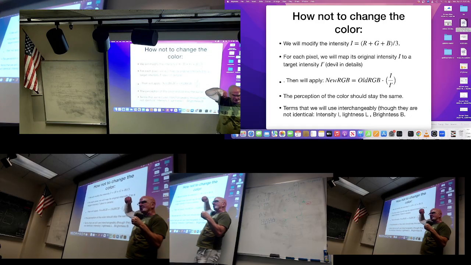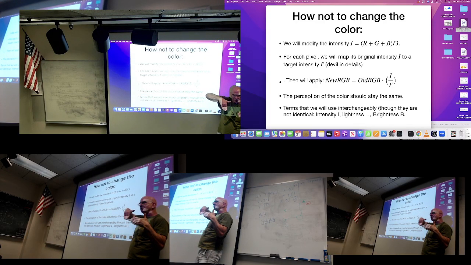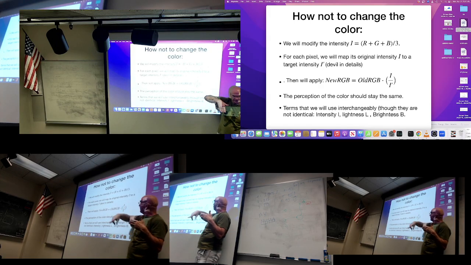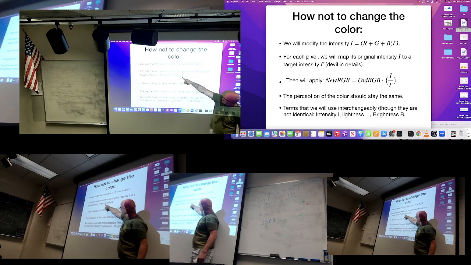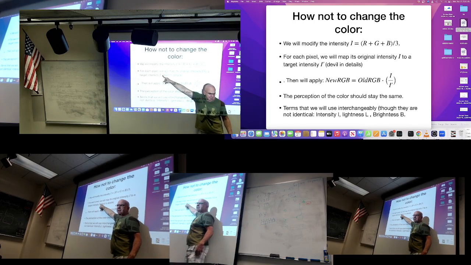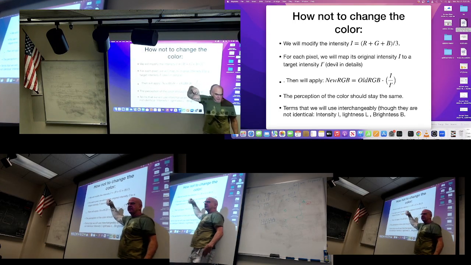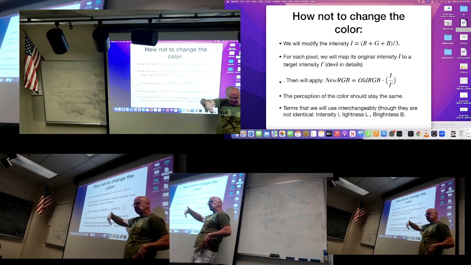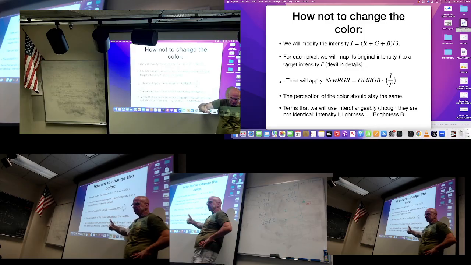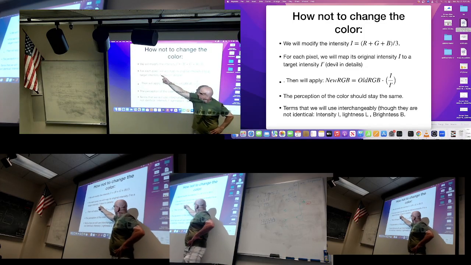Now, what I'm going to do to this pixel in the correction is I don't want to change its color, but I do want to change its intensity. So I'll have to compute a new intensity, the target intensity, which will be I prime. If it's a very bright pixel, I want to make it dimmer. If it's a very dim pixel, I want to make it brighter.